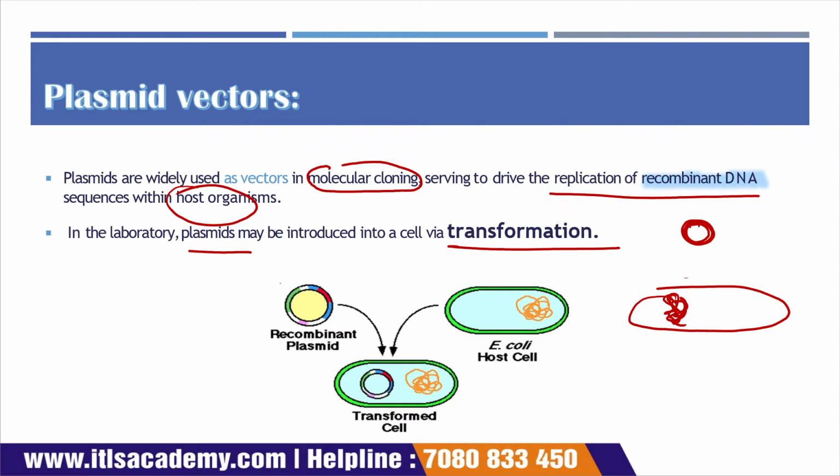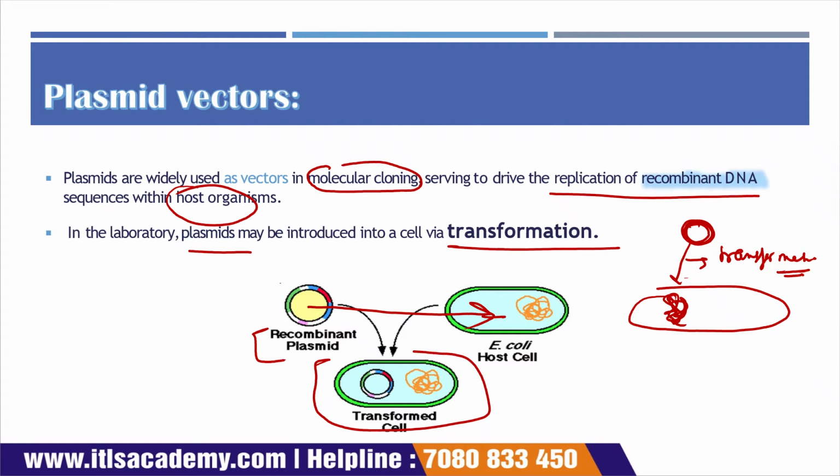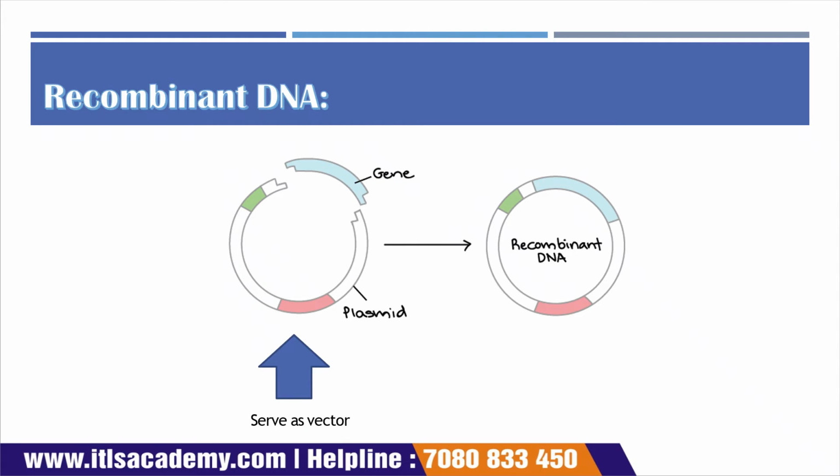We transfer the plasmid into the host cell, and this method is known as transformation. The third diagram shows the transformation of the recombinant plasmid into the host cell. Clear?